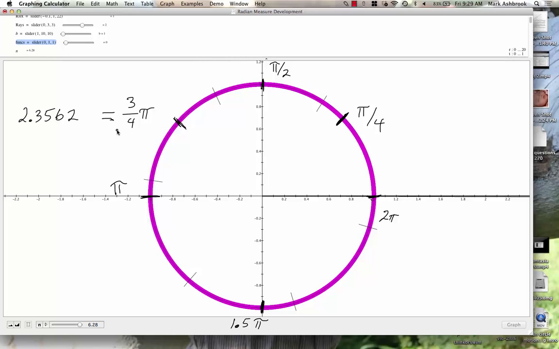Benry, what does this number mean? 2.3562. What's that? How open the angle is, and where does that amount of openness come from? What is the 2.3562? I know Danny knows. Nicholas, what's the 2.3562?